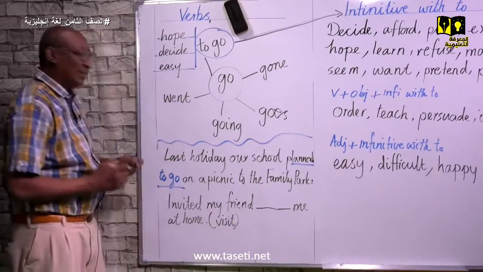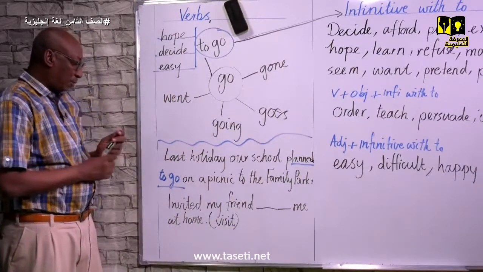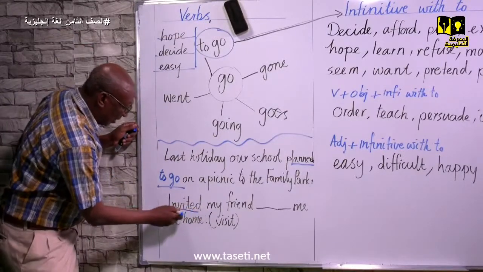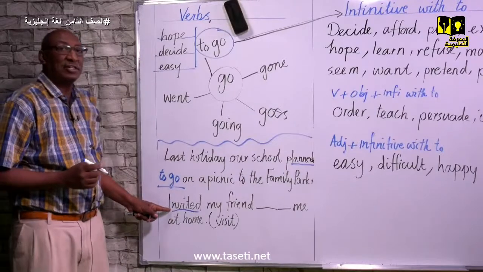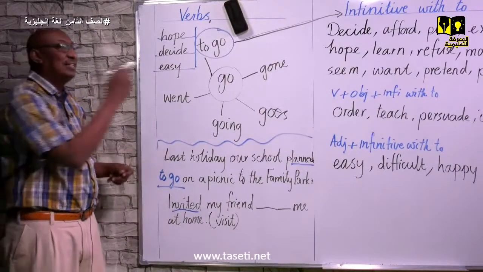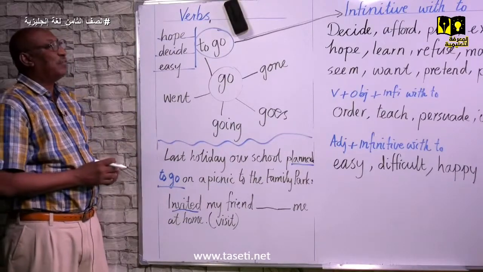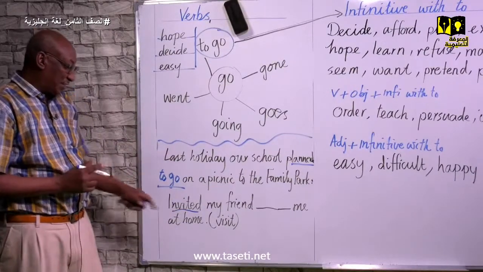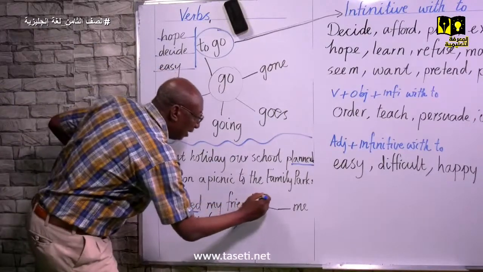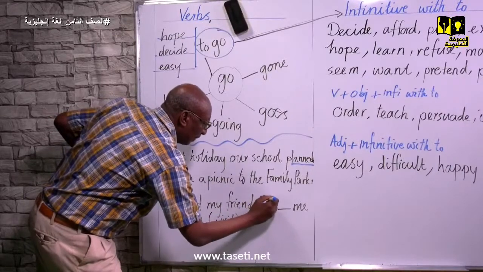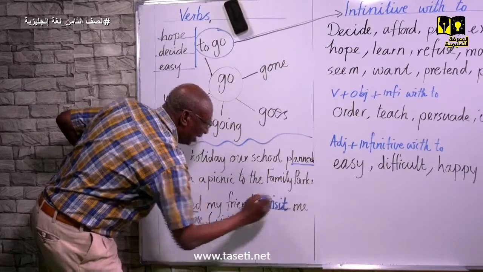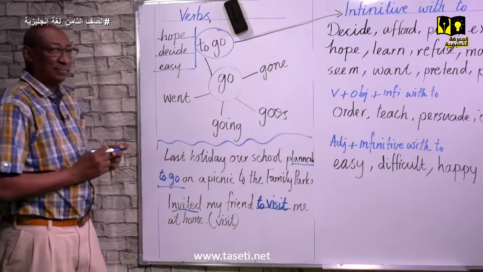We look at this sentence first. We see there is the verb here, invite. And when we find such a verb, it must be followed by an object and then an infinitive with to. So we have visit. I invited my friend to visit me, right? To visit me at home.